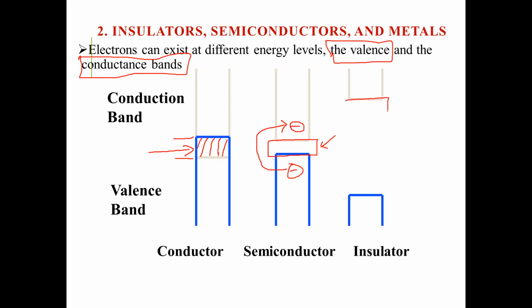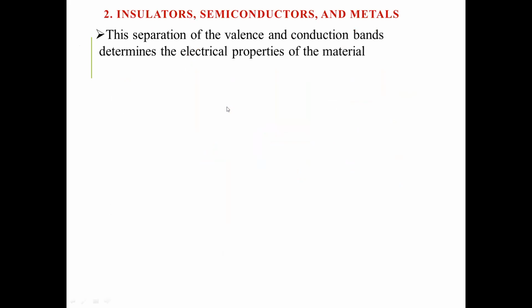Then with insulators, the gap is very large such that no practical amount of energy can be given to the electrons so that they can achieve this energy level. That's why insulators cannot conduct electricity: the gap is too large, and no matter how much energy you supply, the electrons will not be able to jump to the conduction band, which is at a much higher level.